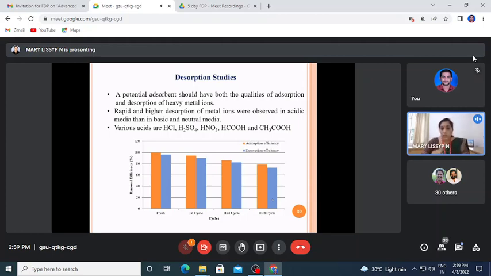What will you do with this adsorbent? If you throw it into the environment, what happens? Again, it gets contaminated.